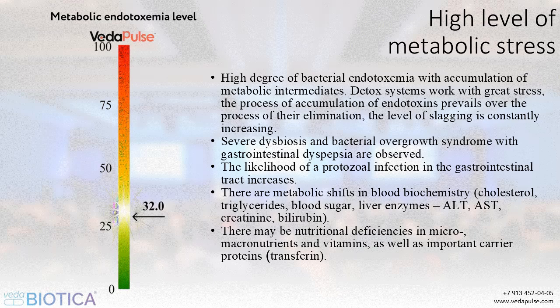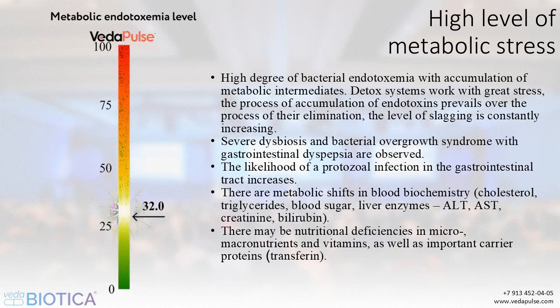Accordingly, we developed an index, as we called it, the metabolic stress level, which quite clearly, in plain language, shows how to explain it to an ordinary person, the degree of your internal toxic burden, but in essence the severity of bacterial endotoxemia associated with increased epithelial permeability. If a person is in the yellow zone, that is it, epithelial permeability is increased, the intestine is already leaking and is already causing this low-grade inflammation through products of bacterial breakdown.